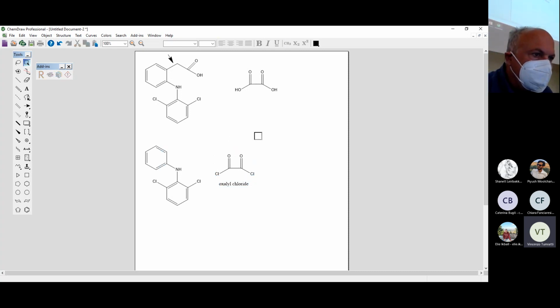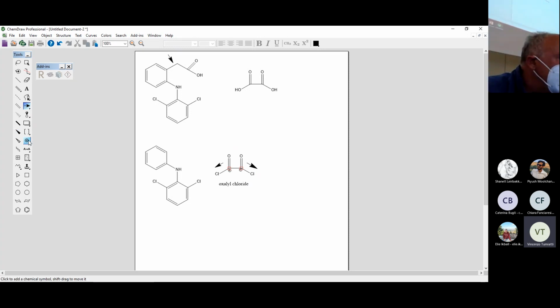What happens now? We have two activated carbonyl compounds with a partial positive charge, if you remember, because we have the halogens, the two chlorine atoms, more electronegative, and so we have an activation of the carbonyl.